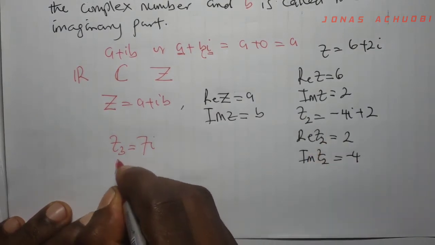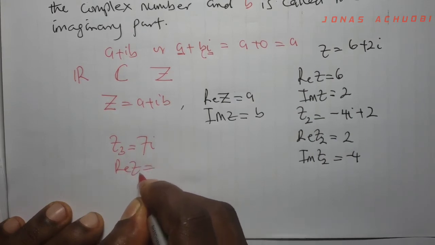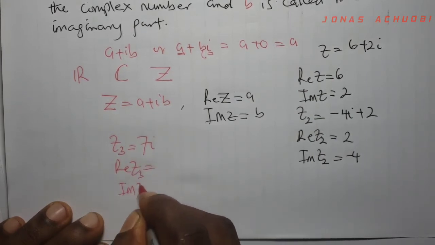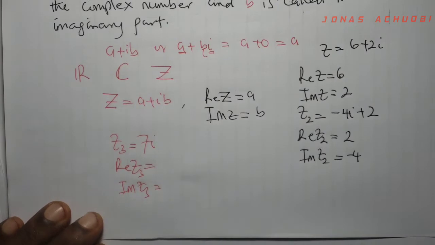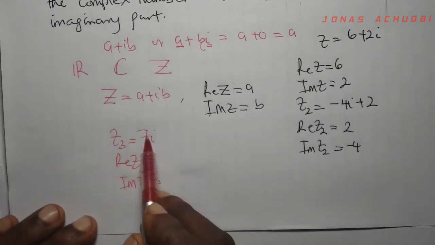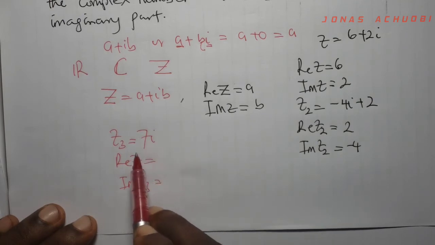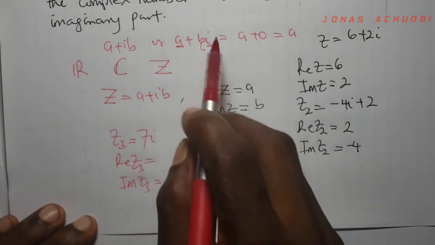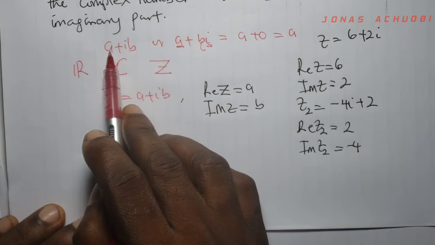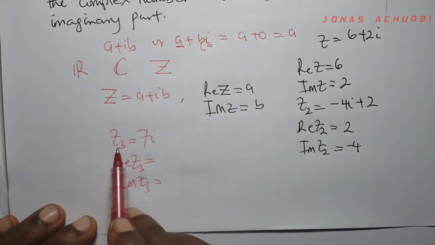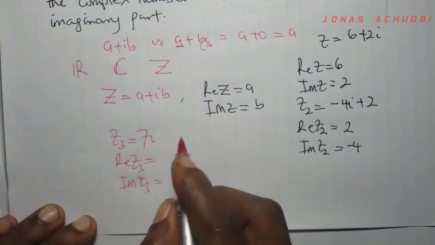How? Let's see. We want to find out the real part of Z3 and of course the imaginary part of Z3. Now, Z3 is equal to 7i, which means that one of the parts is missing, the real part, because we said A plus iB, where A is the real part and B is the imaginary part. But on this complex number, 7i, the real part is missing.